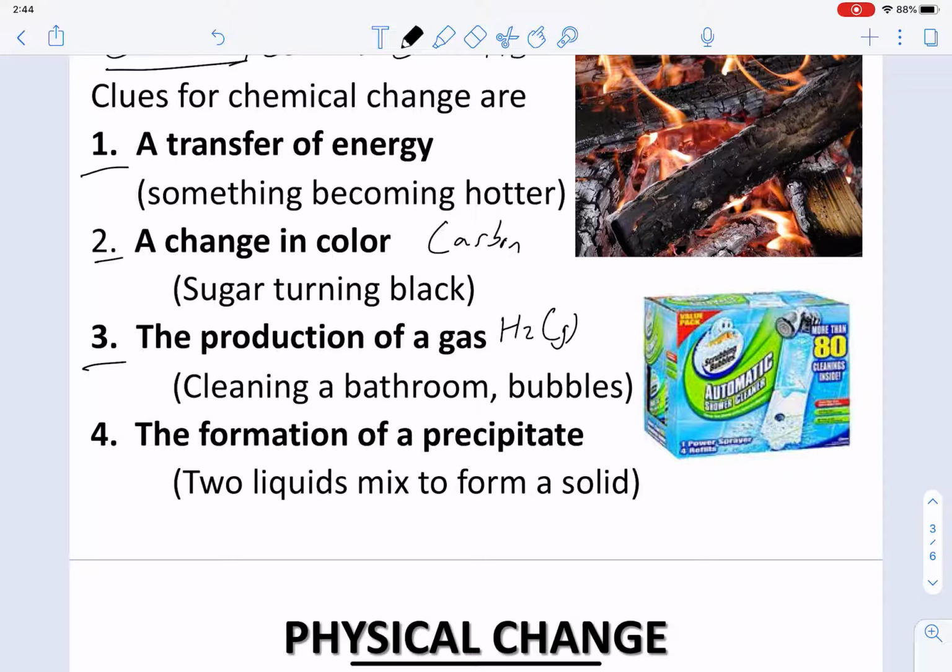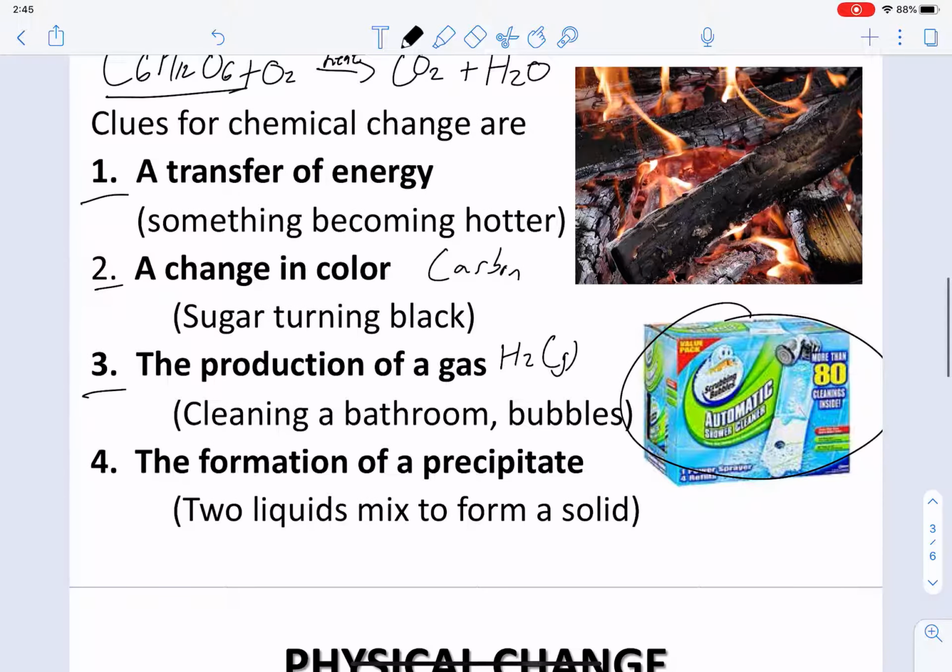We can trap it if we have a closed system where we put something over the beaker so we can keep the gas all in one place. Also think about cleaning a bathroom or bubbles producing. We have all of these cleaning supplies that we can use to help get rid of things on surfaces, and that really helps break things down from a big molecule into more manageable, smaller molecules that we can then pick up or get rid of.